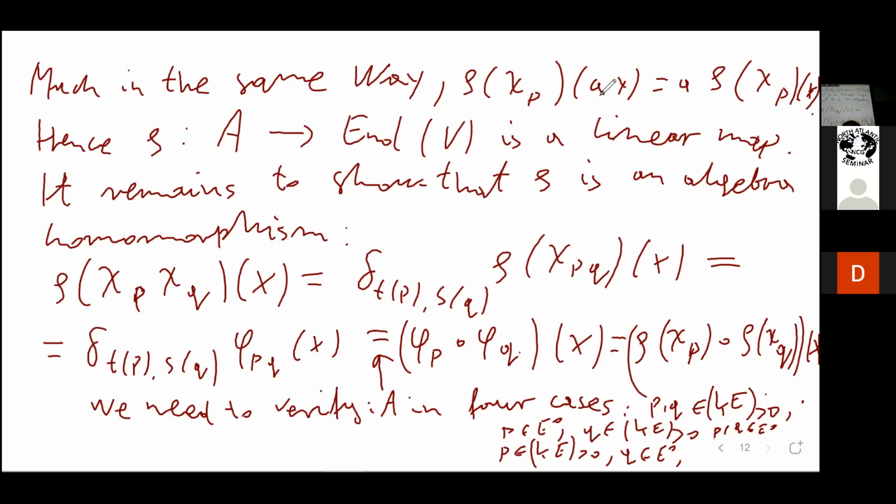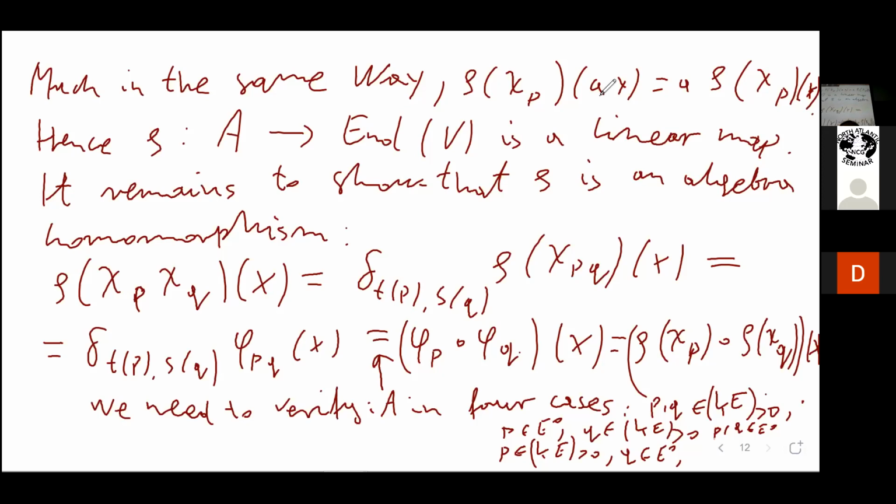But the same happens on the left-hand side, because remember that Q is the end of P, and phi PQ is just phi P. And if X is not in V_Q, then it is not in V_{t(P)}, so phi P of X is also equal to 0, so it checks out.